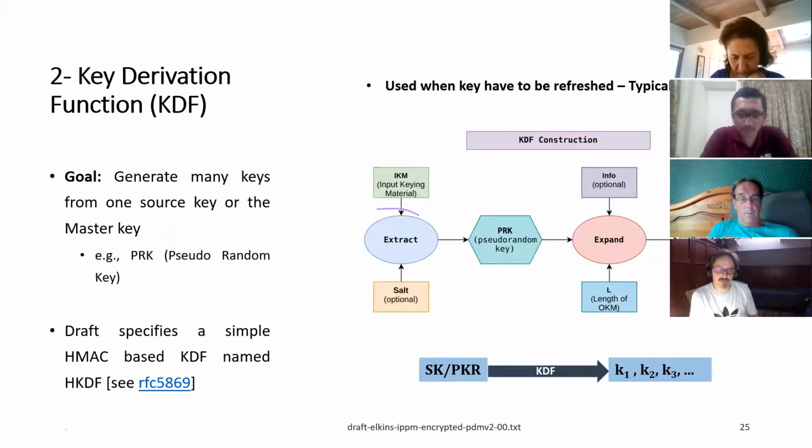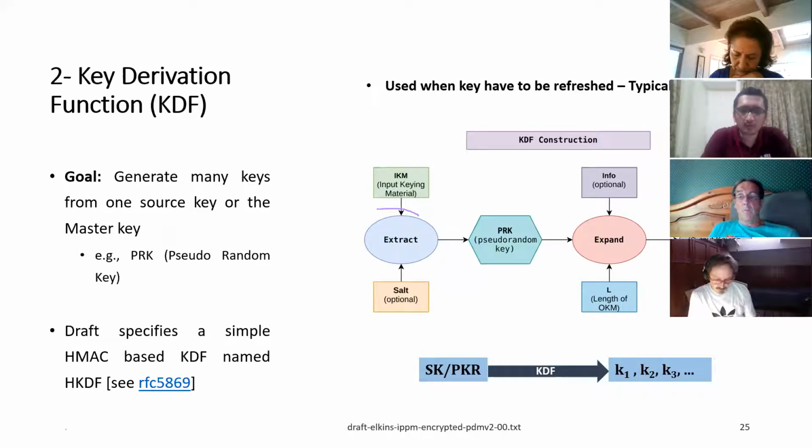Okay, in the key derivation function, we have the input key material like the master key, and we can put in salt, and this extract function gives you the pseudo-random key. Basically, the KDF function is: you have one key and you need multiple keys for different sessions.